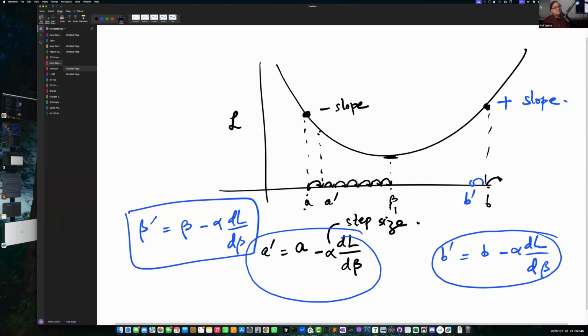This is called gradient descent, because what is happening? You're descending the slope. If you were an ant, you're moving like this. And you can convince yourself this is the fastest way to go to the origin. Now let's go into three-dimensional space.